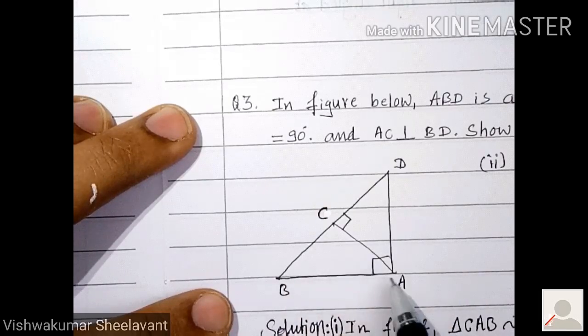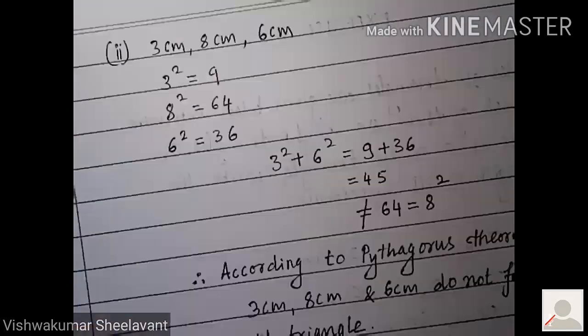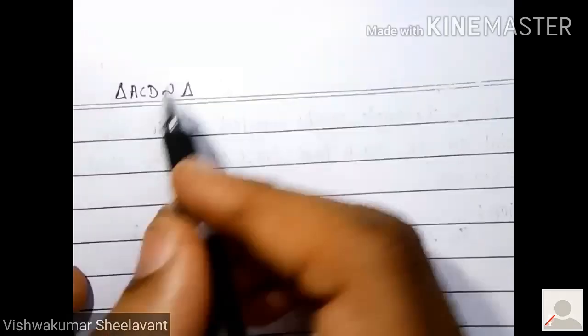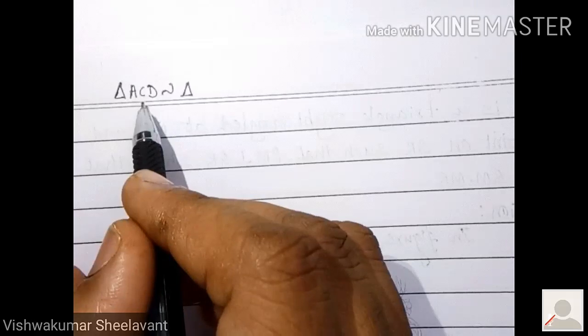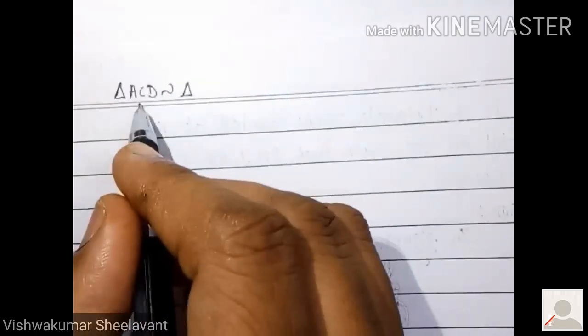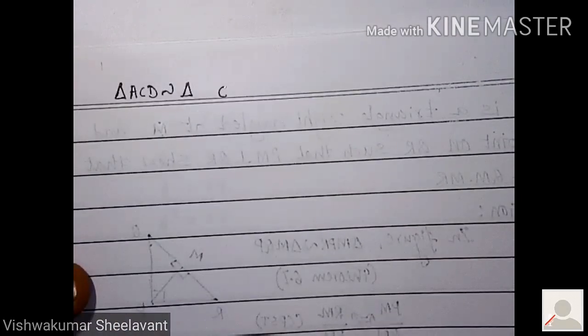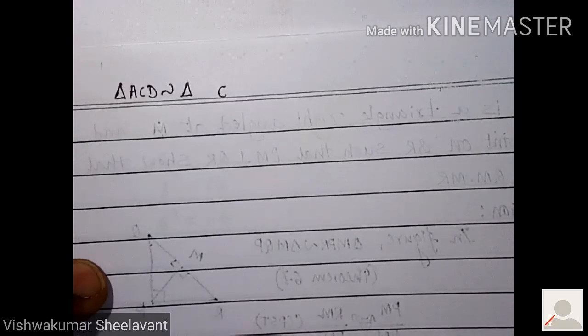So for triangle ACB, you first take vertex C. Here it is at the middle, no? Vertex C is at the middle. Here also write it at the middle. Okay. Good. Next.